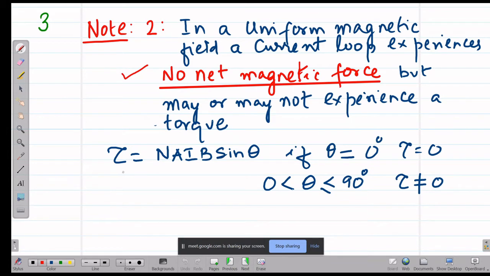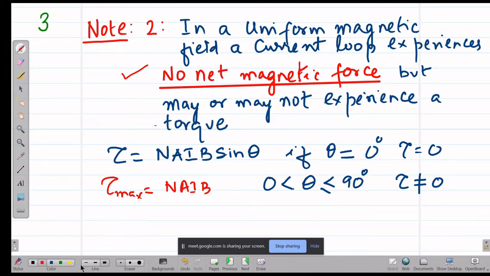So this tau may act or may not act depending on the angle theta. So as I have said here, if theta equal to 0, tau is 0. But if theta has any other value between 0 to 90 degree, then tau will not be equal to 0. It will have a particular value. Maximum value, of course, will happen when theta is 90. When theta is exactly equal to 90 degree, then the torque is simply NAIB.